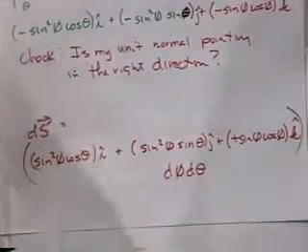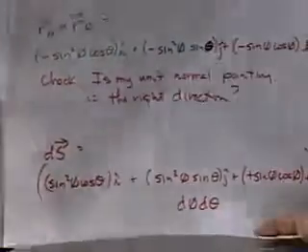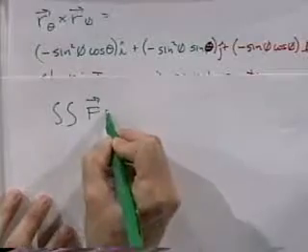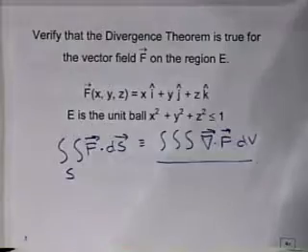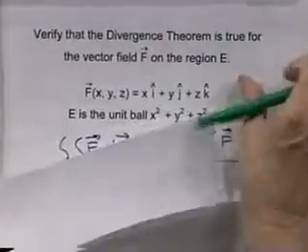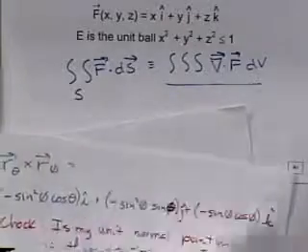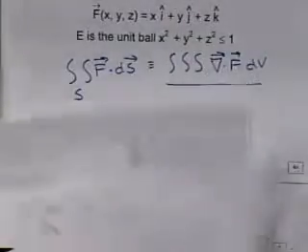Now we're ready to do our dot product, which isn't too bad. We want to figure out what is the double integral of F dot dS. So I have to pull out what F is. Yes, there's my F right there, and I need my dS, which I have right here.